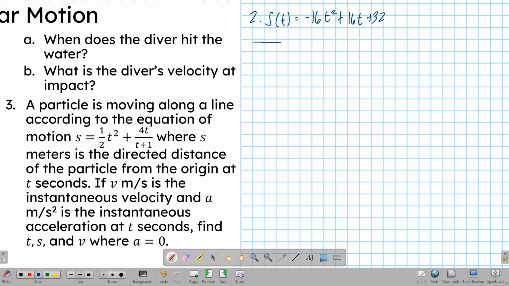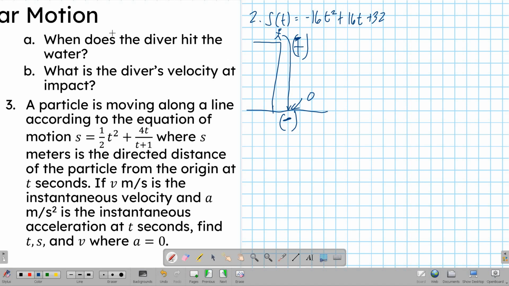If we imagine this is the platform and this is the diver, once it goes down, if that's the water, then this would be 0. Above water level, the position would be positive. Below water level, it would be negative. So the water itself would be 0.